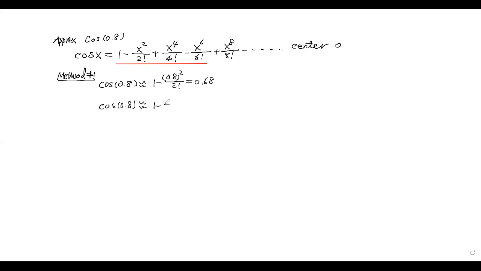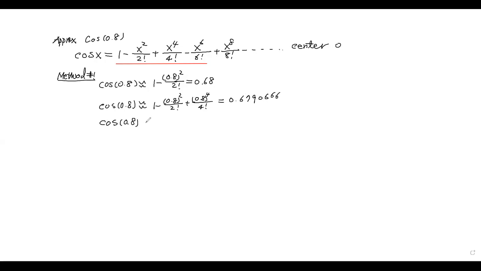So it will be 1 minus 0.8 squared over 2 factorial plus 0.8 to the 4th over 4 factorial. Putting it into the calculator, we get 0.697066.